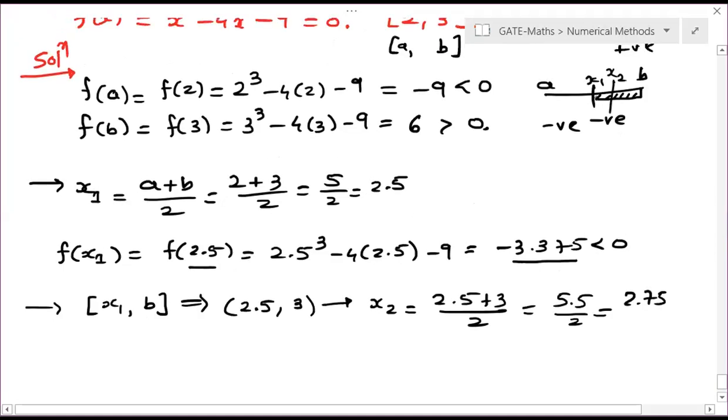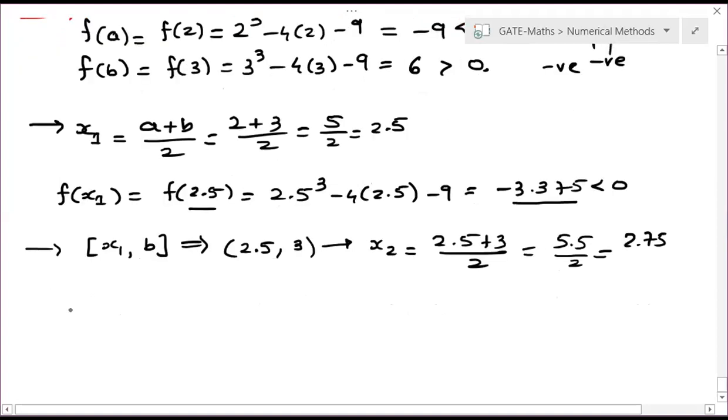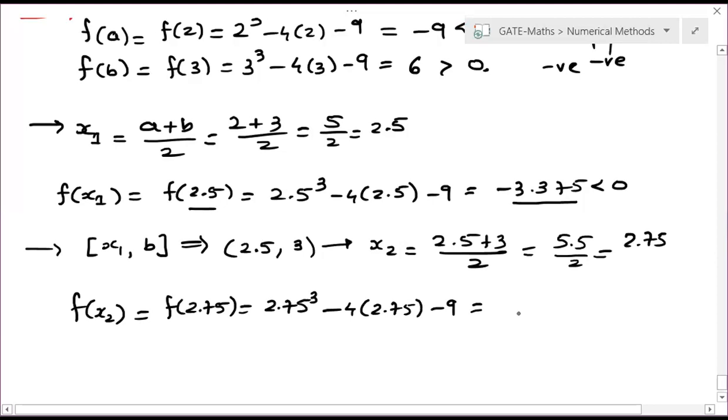Now we have to determine whether x3 will be on the left side or right side. So first I have to find f of x2, which is f of 2.75, equal to 2.75 whole cube minus 4 times 2.75 minus 9. I hope you all have downloaded the GATE Virtual Calculator. So it is 0.7969, which is positive.